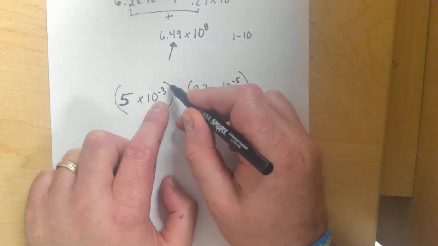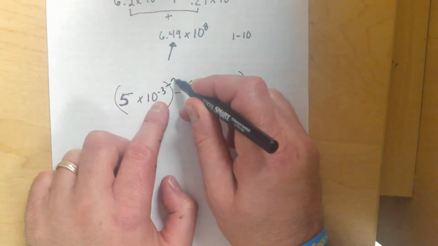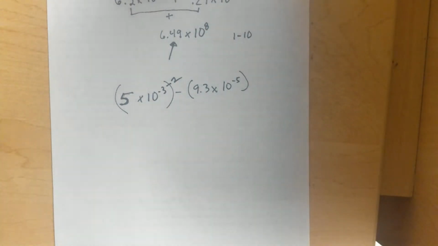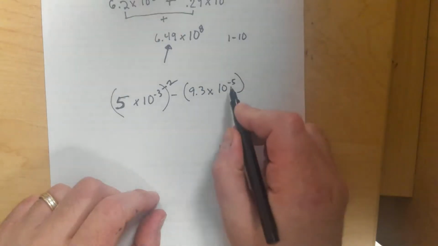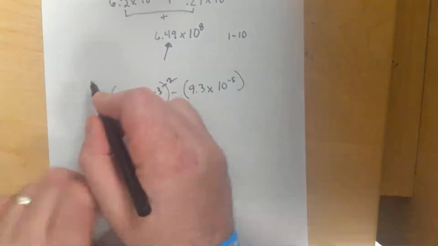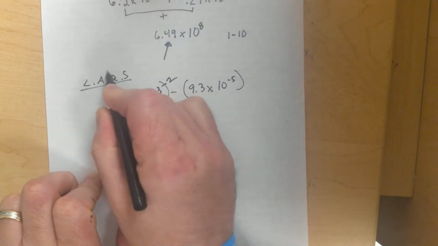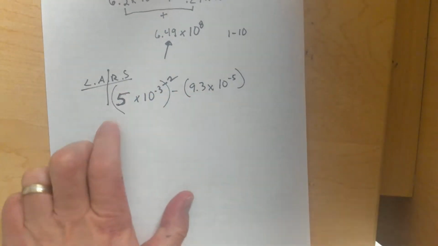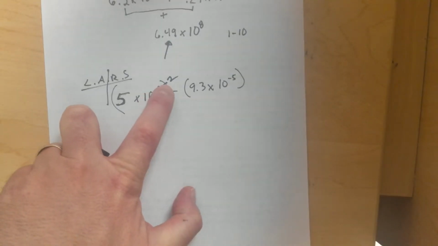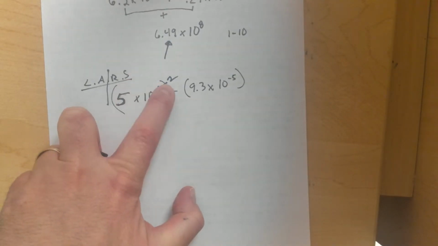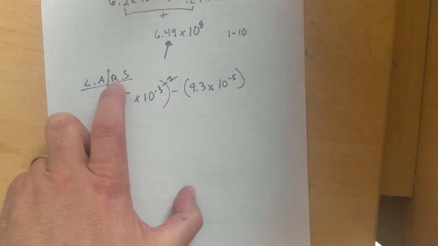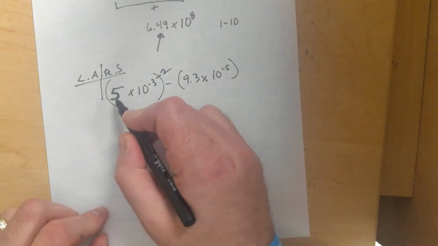So how do I get from -3 to -5? Be careful. I'm going to subtract 2, because -3 minus 2 will give you -5. Now, again, Lars. I subtracted 2, so that means I'm going to move right 2.